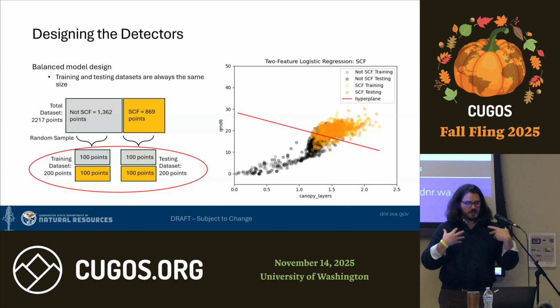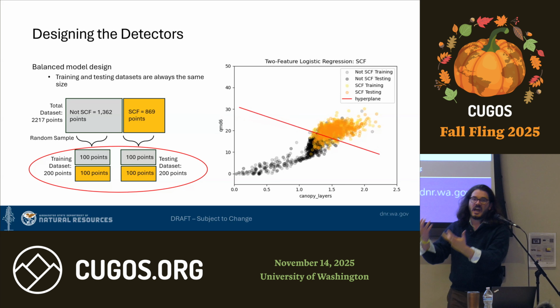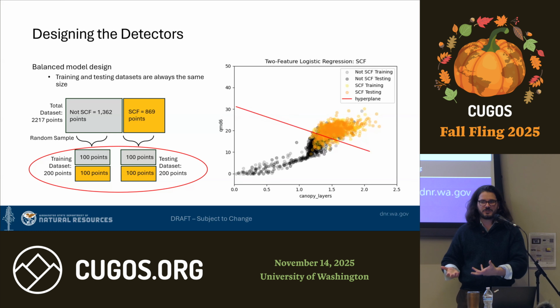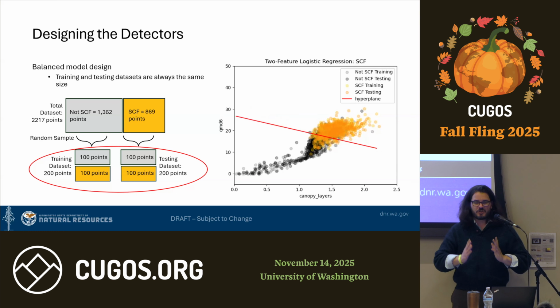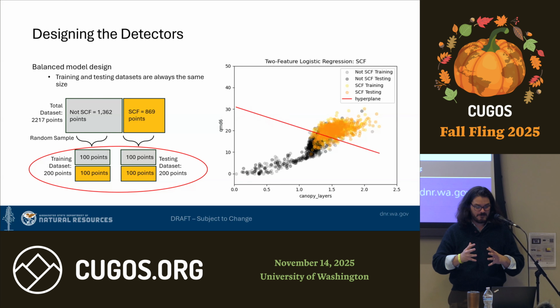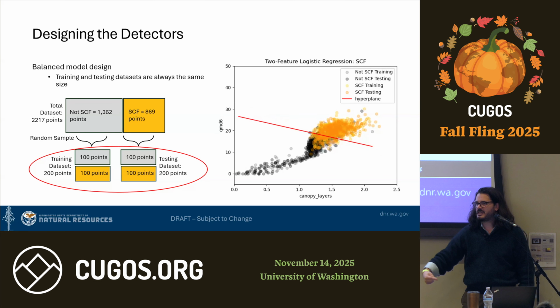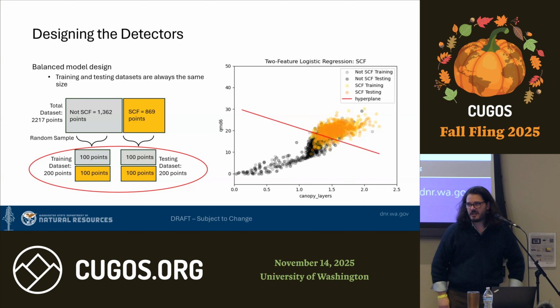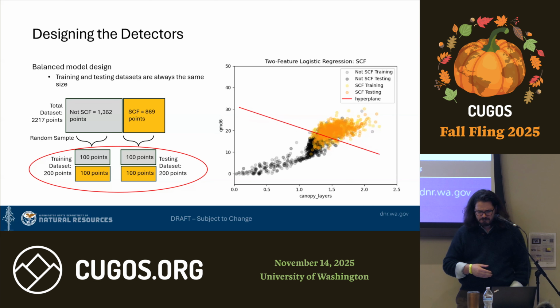What does structurally complex forest look like? What does not structurally complex forest look like? So what we're going to do is make sure that the training and testing sets are the same size, and we're going to randomly sample a bunch of times. It's similar to cross-validation.